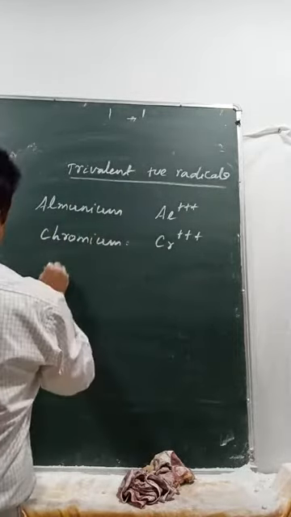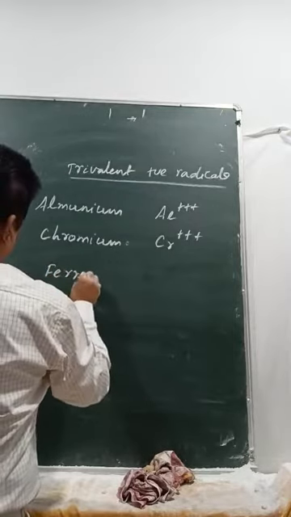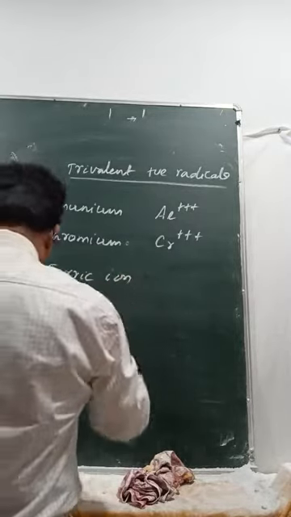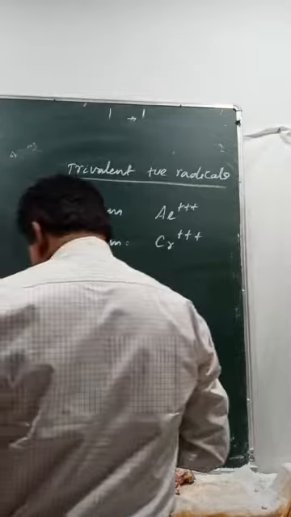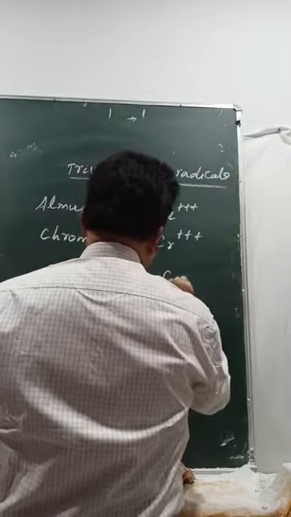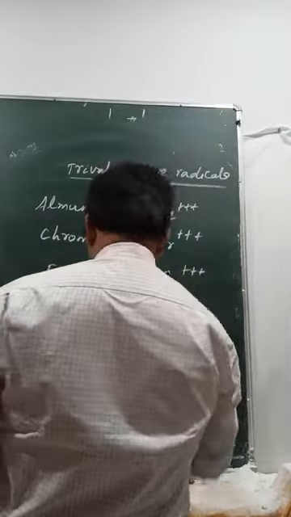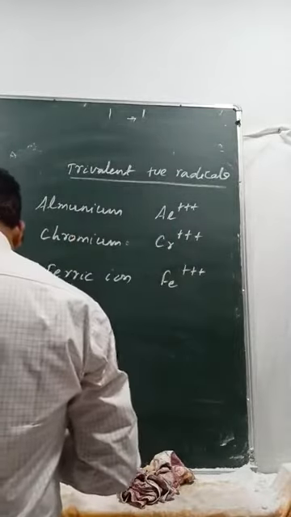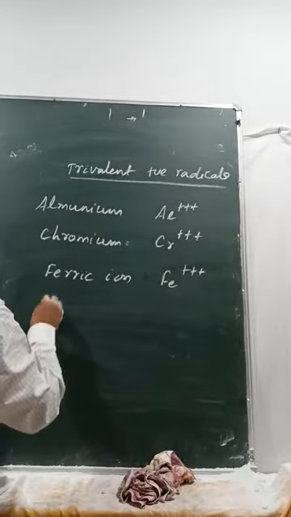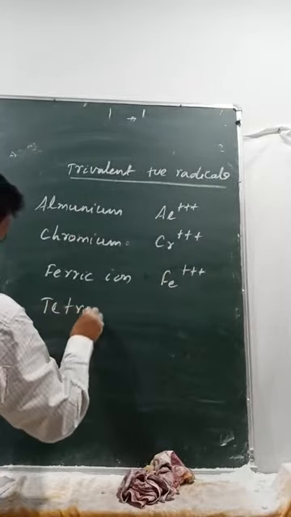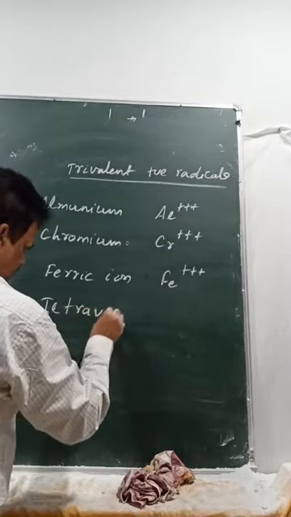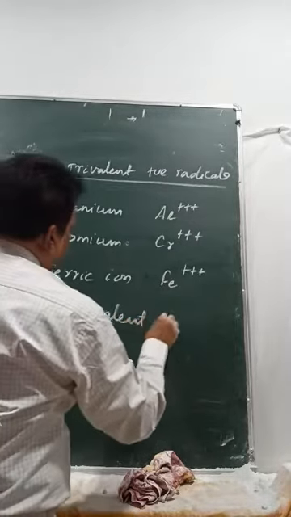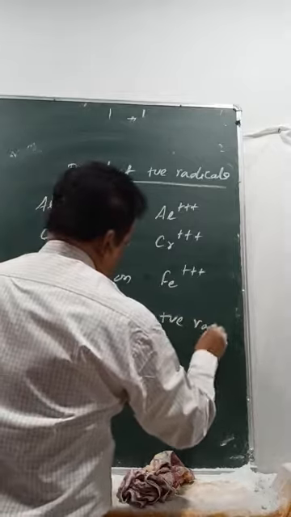Ferrous was there, here is ferric. Ferric ion, so that will be Fe plus plus plus. Similarly, tetravalent positive radicals.